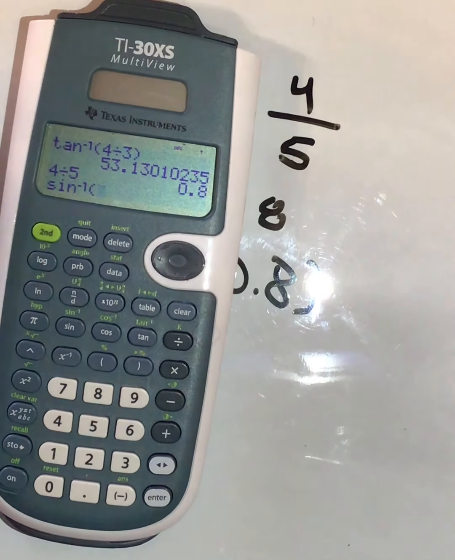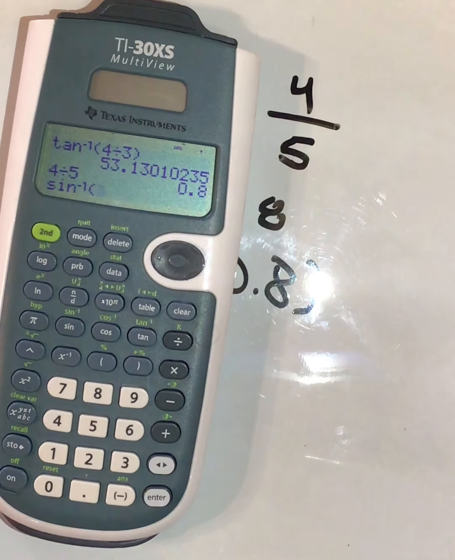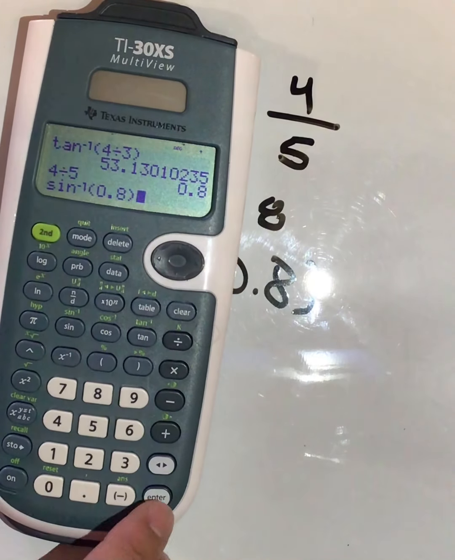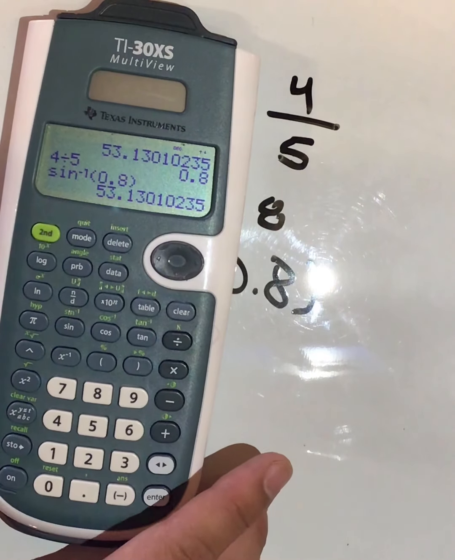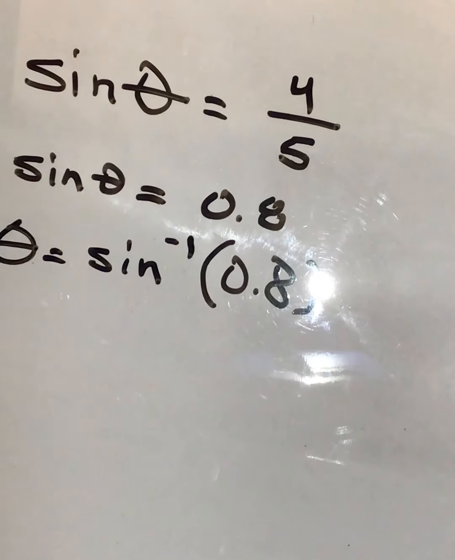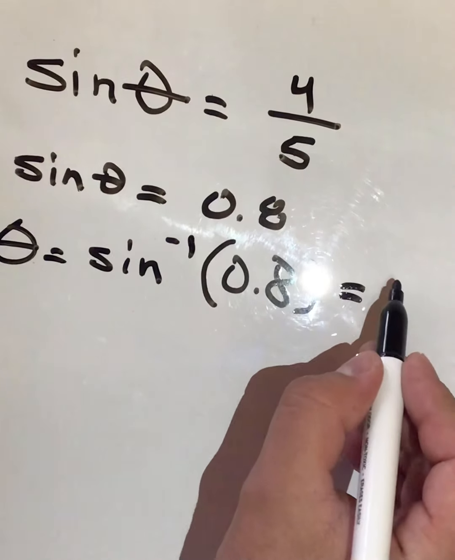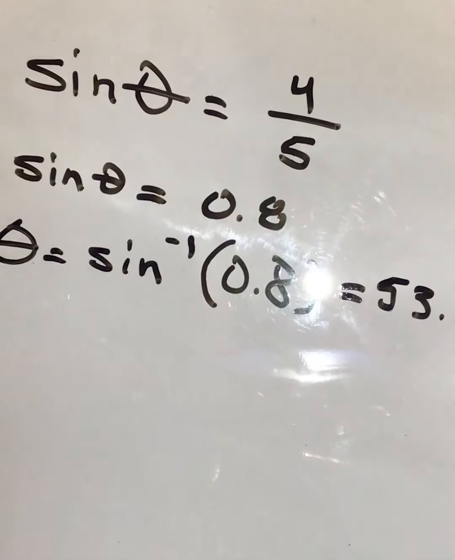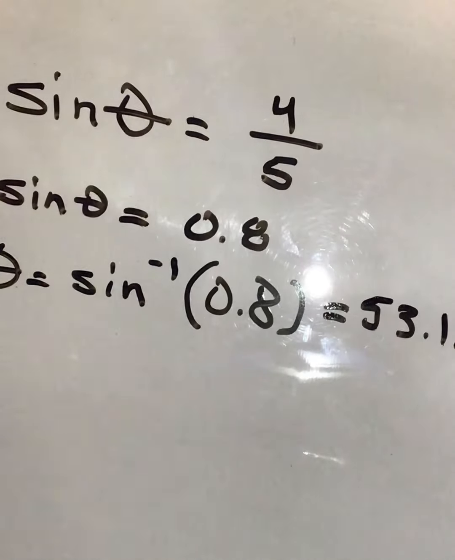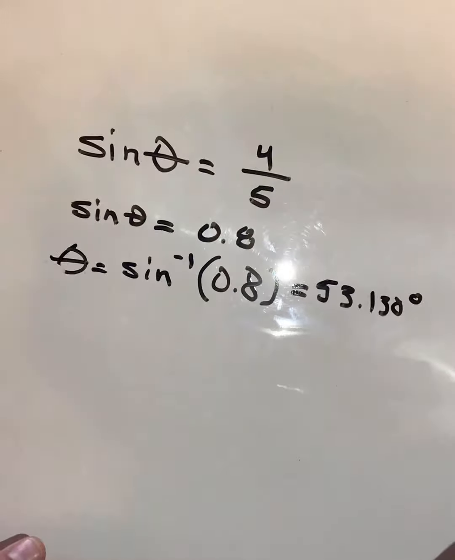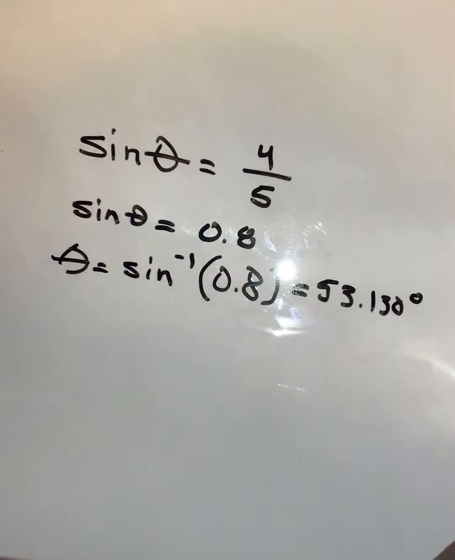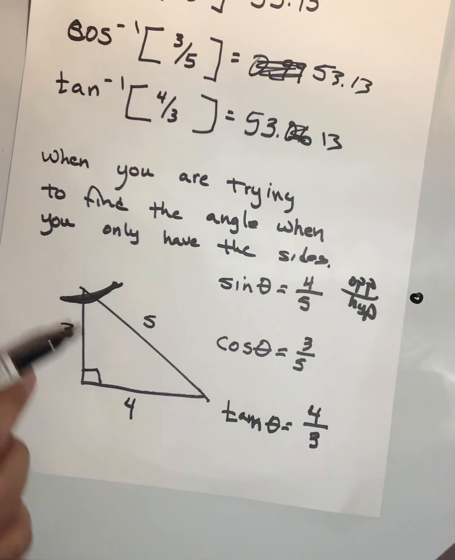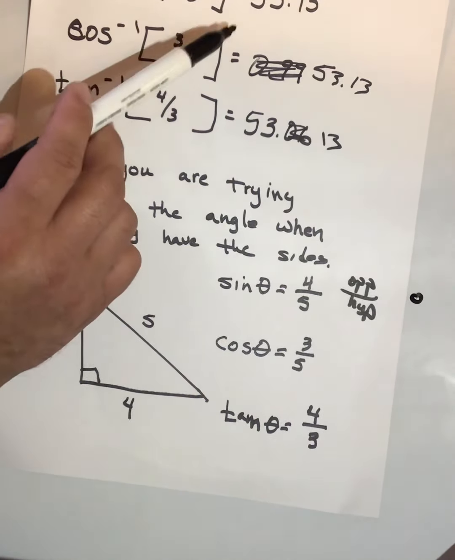But you have to get the sine inverse. Once I did that, I'm going to do 0.8. Close it off. I get an answer of 53.130 degrees. Sorry, let me zoom back out. That is saying, if I take this divided by this and do the inverse, I'll get an answer of 53.13.